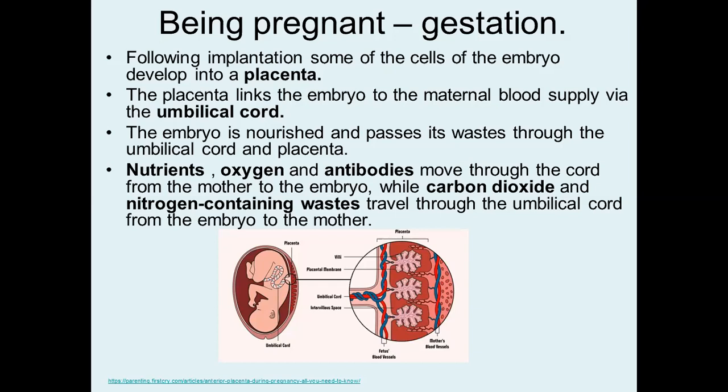Now, we must just mention a few things about the placenta just now. So the embryo, and later on the fetus, gains nourishment, in other words, it gets its food substances and passes its waste substances through the umbilical cord and through the placenta.